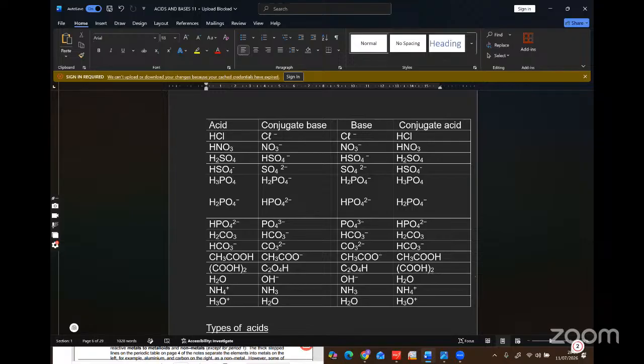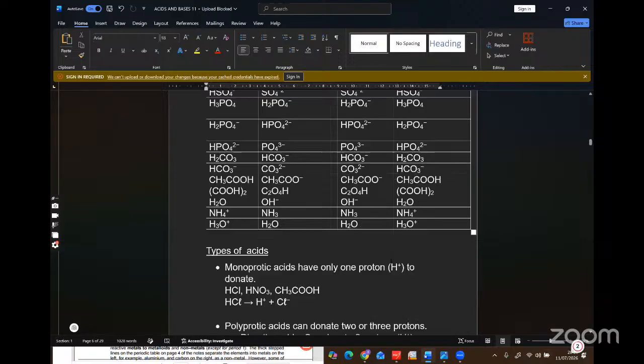So acid, conjugate base, acid, conjugate base, like that. Whenever you remove hydrogen from a substance, whatever becomes of the substance is its conjugate base. And the same thing applies to this. So you should be familiar with these examples.